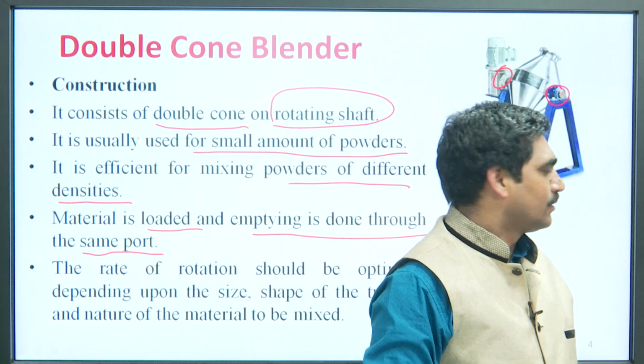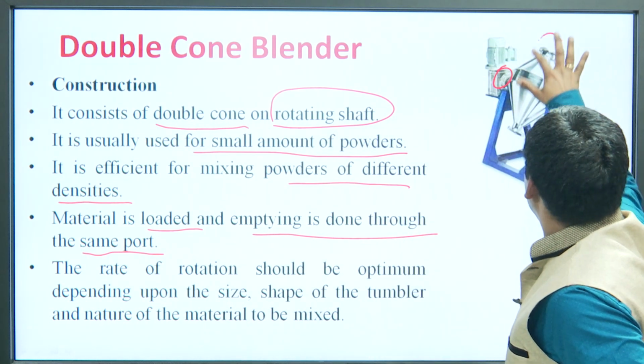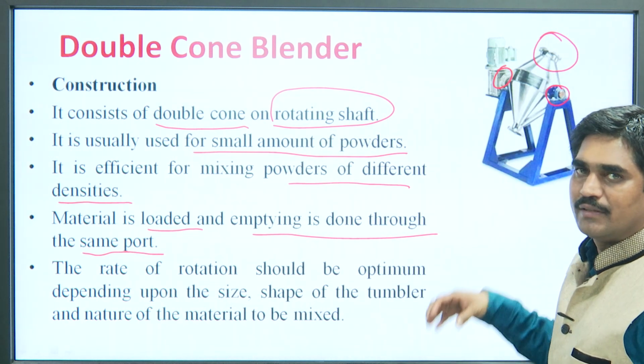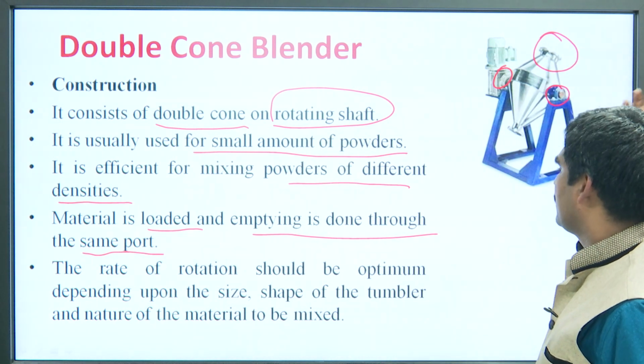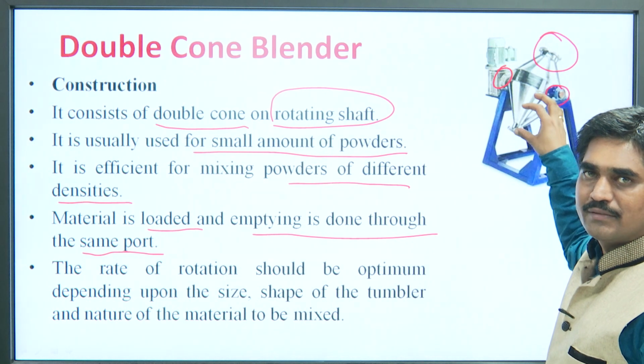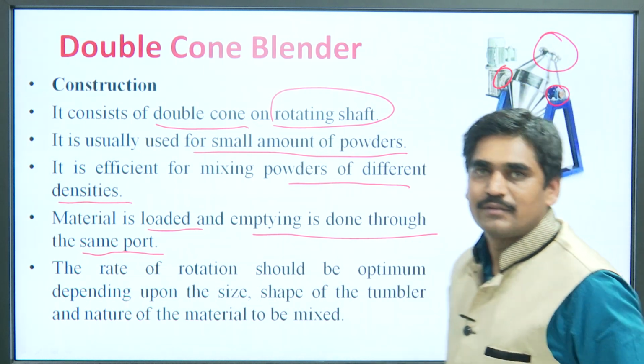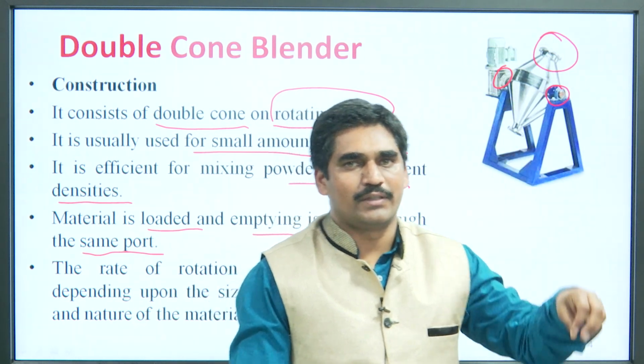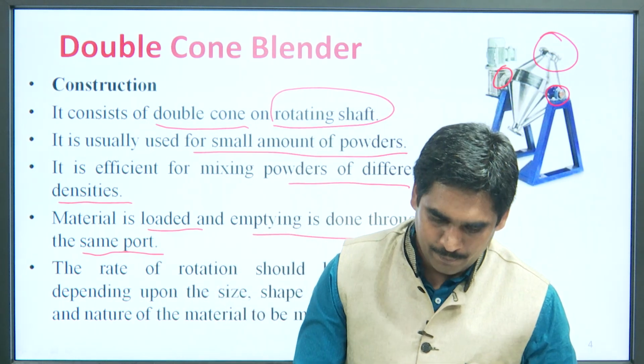That means from this port you load the material, and the same port is used to empty the blender. So, a single point is used for loading and unloading purposes.